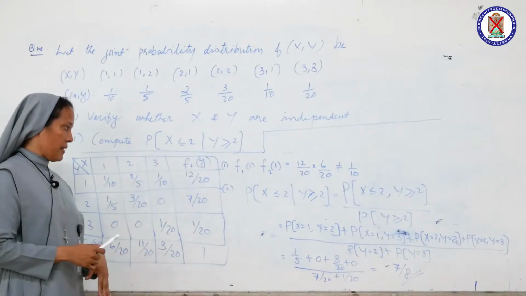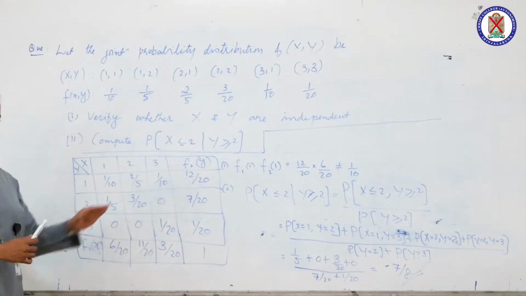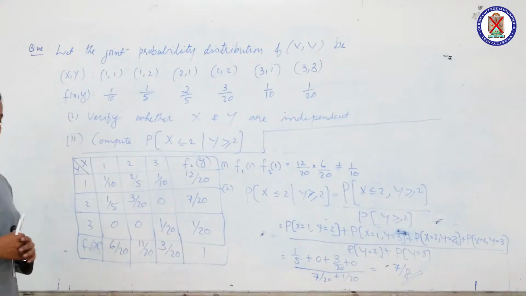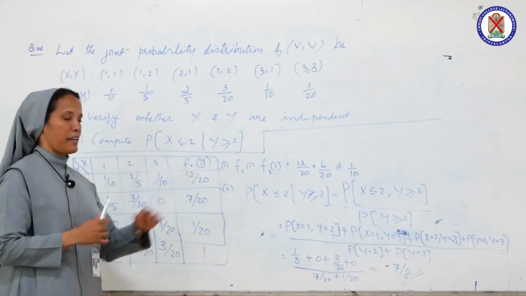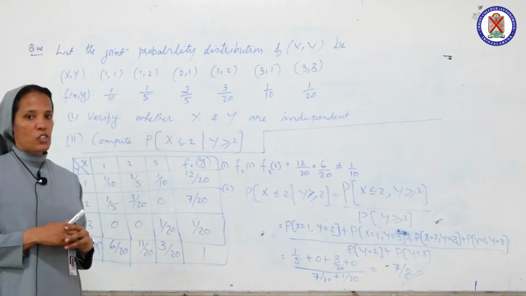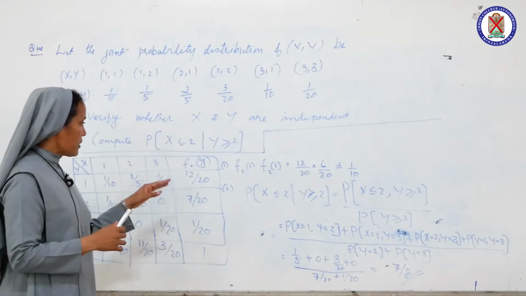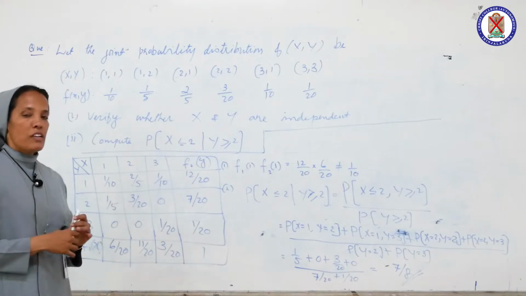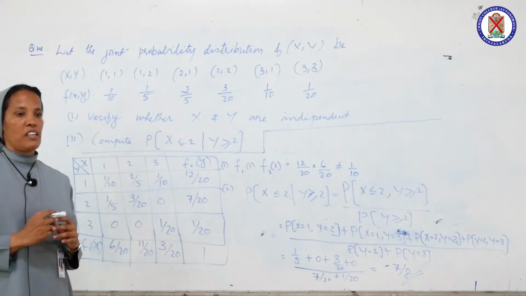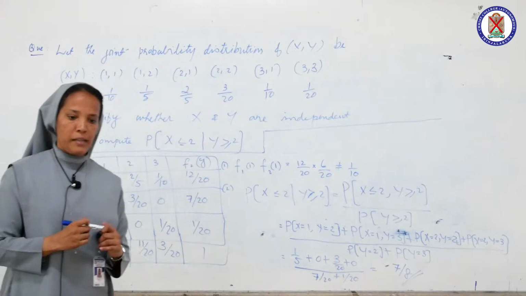The column totals will give the corresponding marginal probabilities of x, and the row totals will give the marginal probabilities of y. By looking into this table, we have to check whether the given random variables are independently distributed.